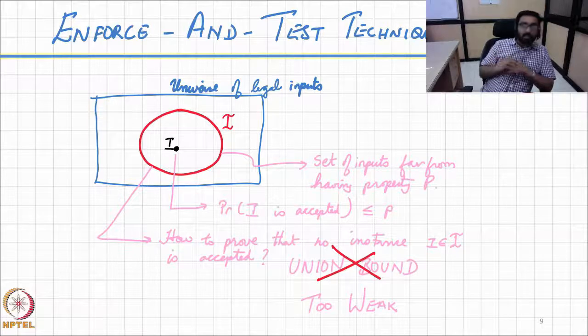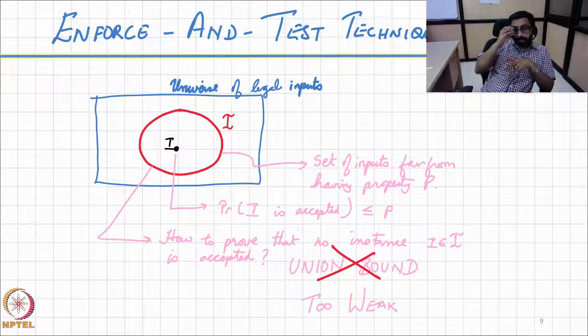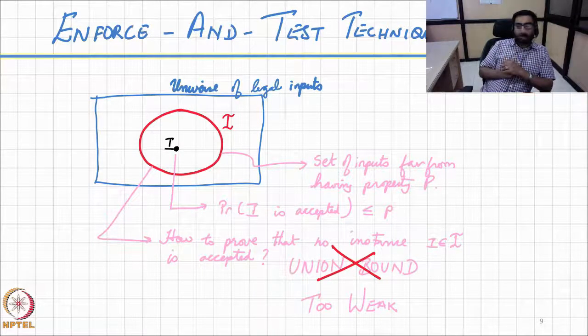But that's too weak, because the set I is going to be quite large. It's typically exponentially large, and so the probability p has to be exponentially small in order for this union bound technique to work, and that's usually not the case. So this approach is too weak.